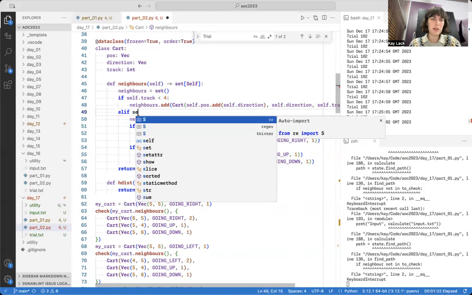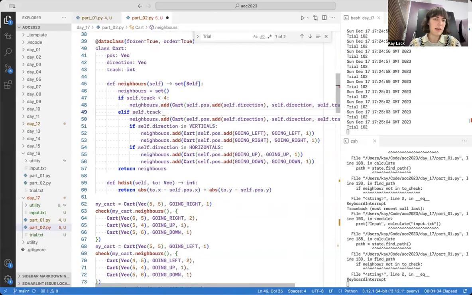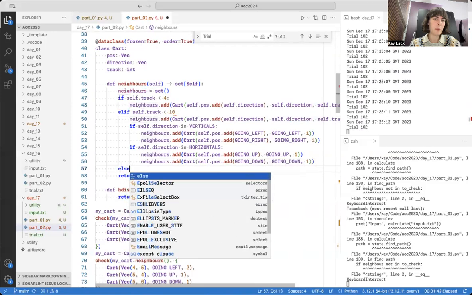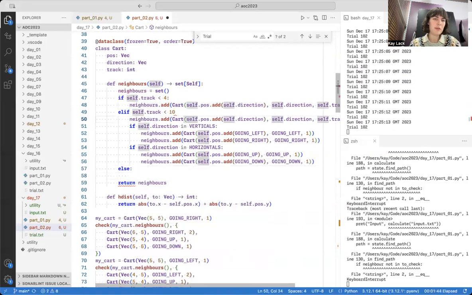So in the case where the self track is less than 10, it can go in any direction.